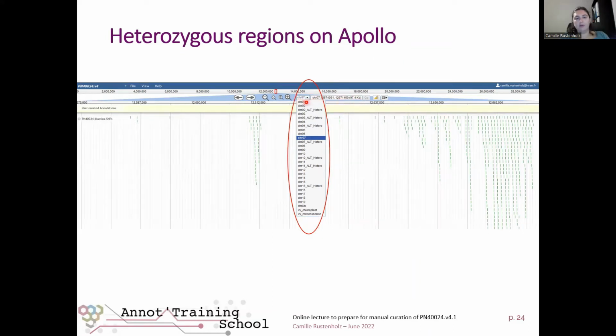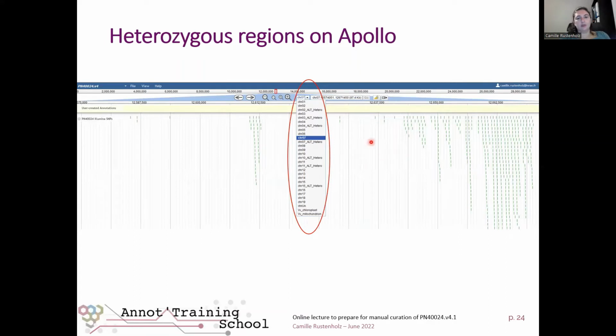select a region where you want to work on. So for example, here chromosome 7, and between these two coordinates on the chromosome, you have here a representation of the whole chromosome 7 pseudomolecule, and you can display different information, what we call tracks, to help you with manual curation.